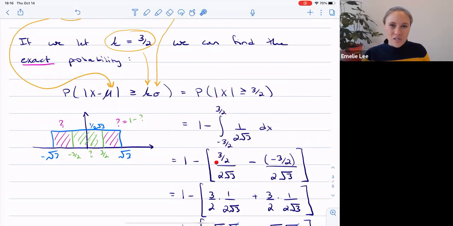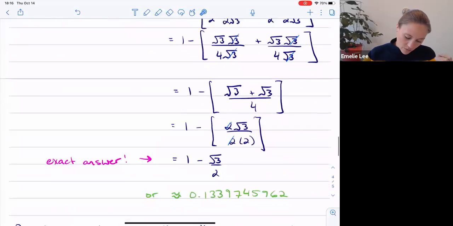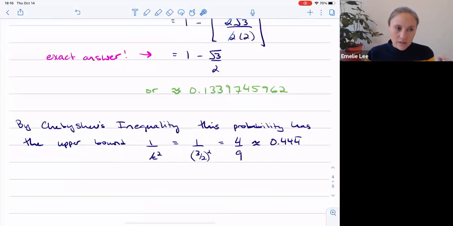This one that we just spent some time working on, what we could have said, if we didn't need the exact probability, if we just needed to have a rough idea, then what we could say is, well, it's going to be no more than 0.444444, right? So that's a good jumping off point.